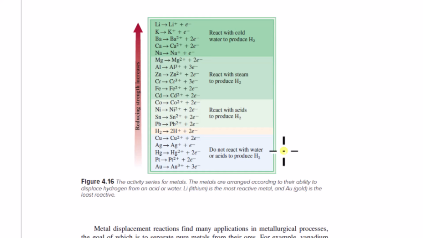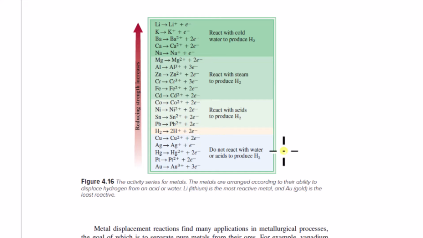Specifically, the activity series for metals is summarizing how metals behave with respect to single displacement reactions. With the inclusion of information about how metals react with acids and water, hydrogen is also included in the activity series.